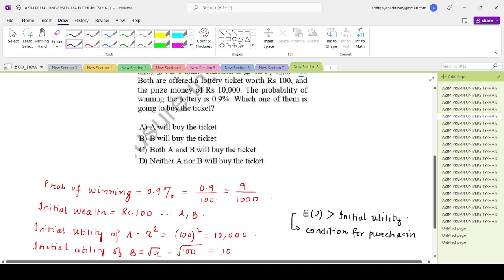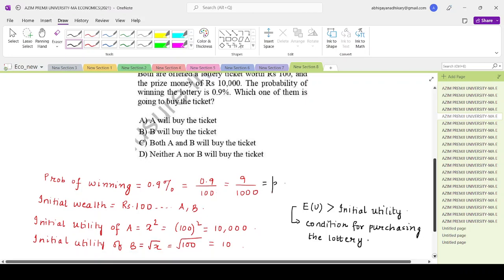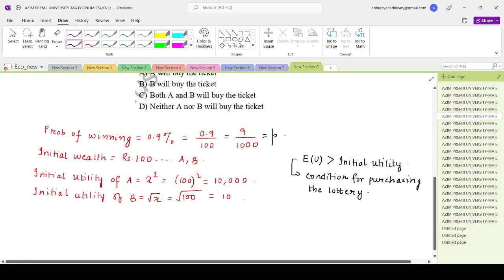Okay, so let us denote that P is the probability of winning. Let us come to the understanding of, let's say, agent A first.